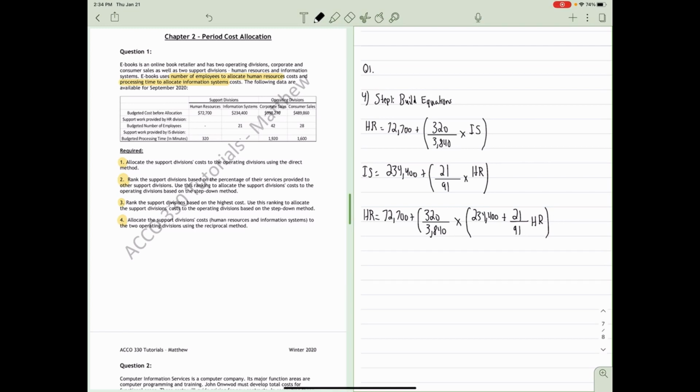Let me just grab my calculator. I always keep everything in fractions, guys, until the end, because that gives you the most accurate number. So 320 over 3,840 times 234,400 should give me 19,533. So HR equals 72,700, and we're expanding the bracket now. We're taking this multiplied by this and that multiplied by that.